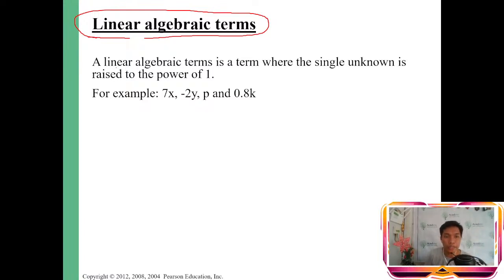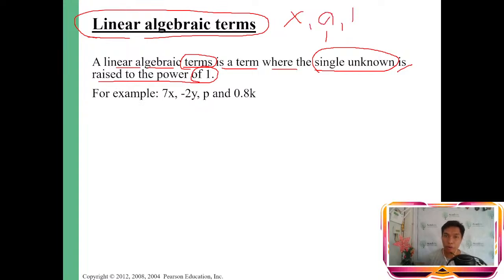If we say terms, it is a term where the single unknown, single means only one, is raised to the power of 1. So it is simply X or A or B or C, any letter from the alphabet. As you can see in the example, we have this one.